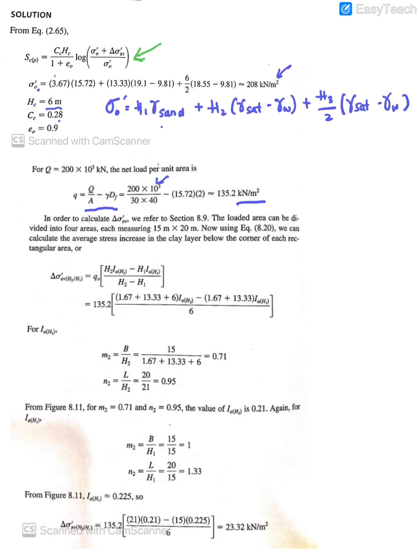Alright, so now you have to calculate the average stress increase, delta sigma average prime, given by this equation. Now you substitute all the values into this equation.